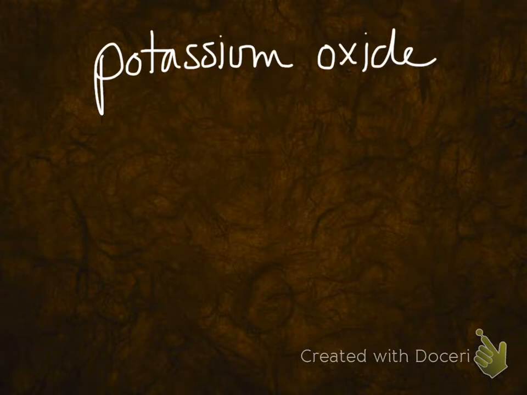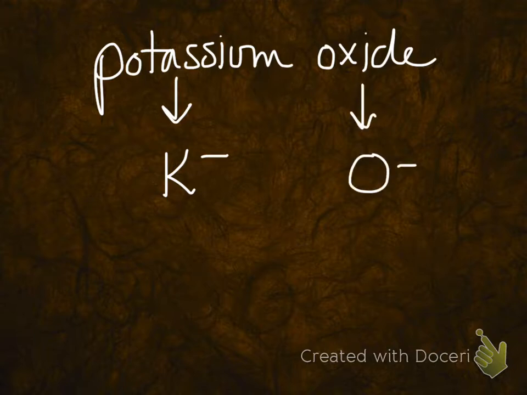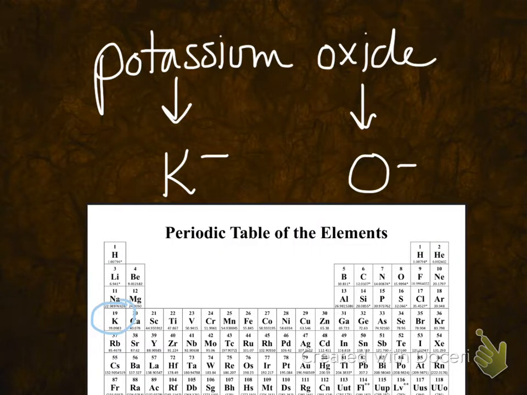How about potassium oxide? Well, we know that this is potassium with some charge, this is oxygen with some charge, and if we look at our periodic table, potassium is, of course, in group 1, so it tends to give up 1 electron, making it K1+. Oxygen is group 16, meaning it tends to gain 2 electrons, and we get oxygen 2-.